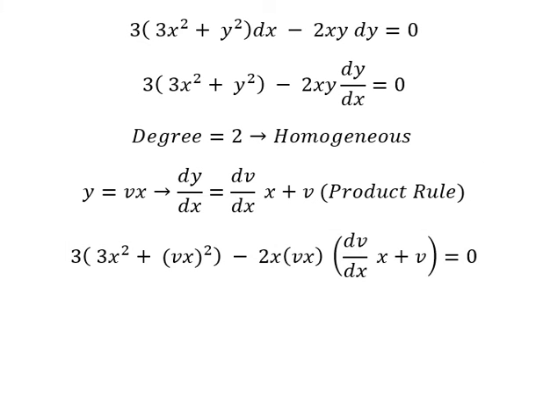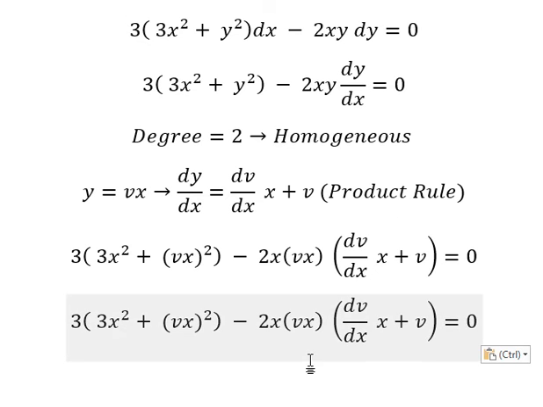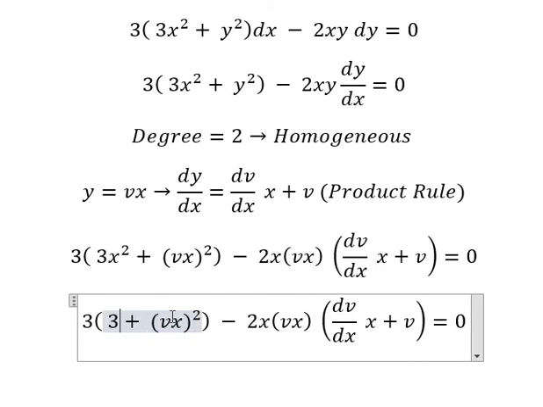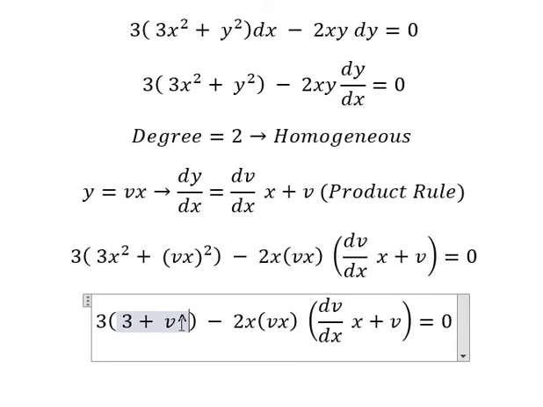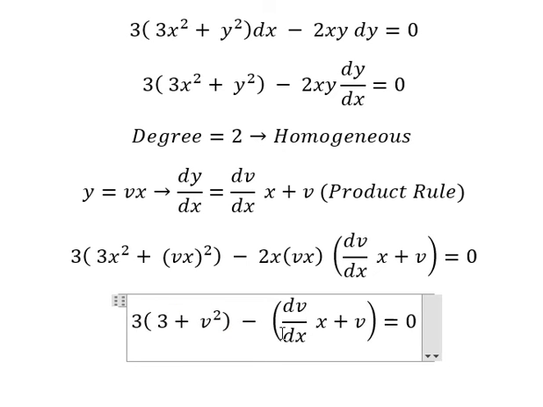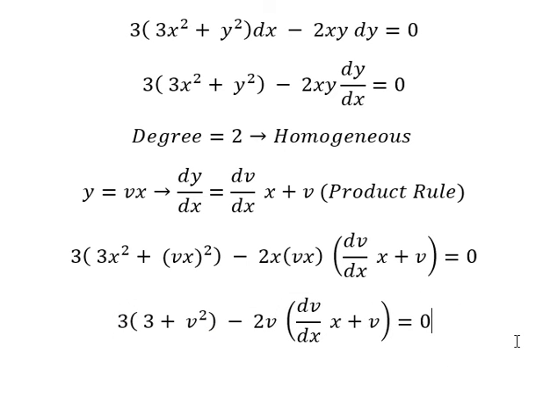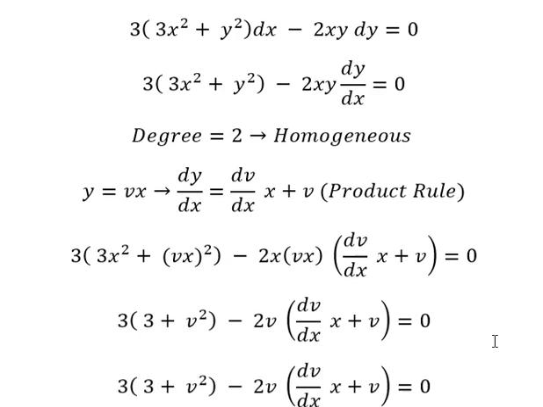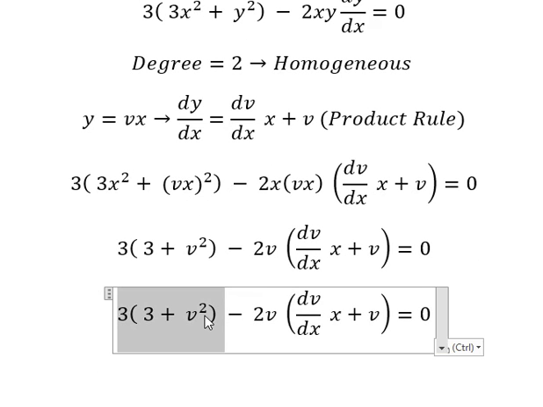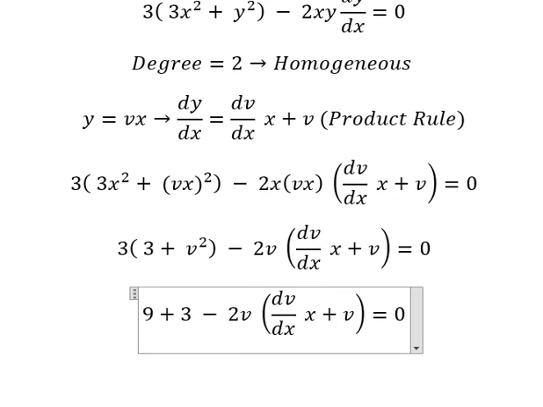Now we need to simplify s squared for the both sides. Next, this one we have 9 plus 3v squared.